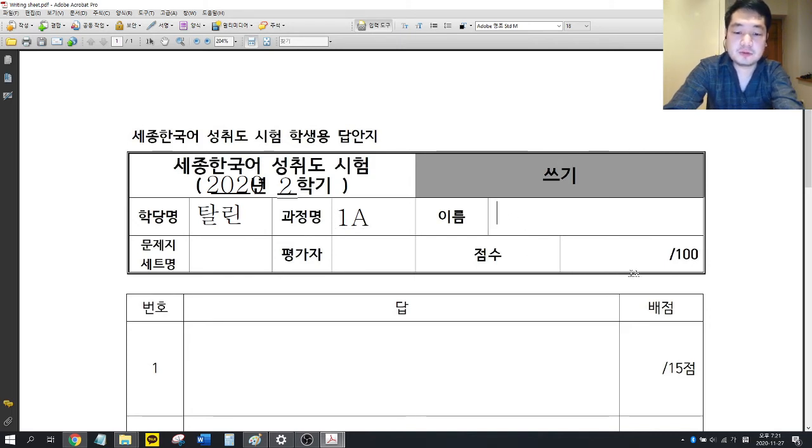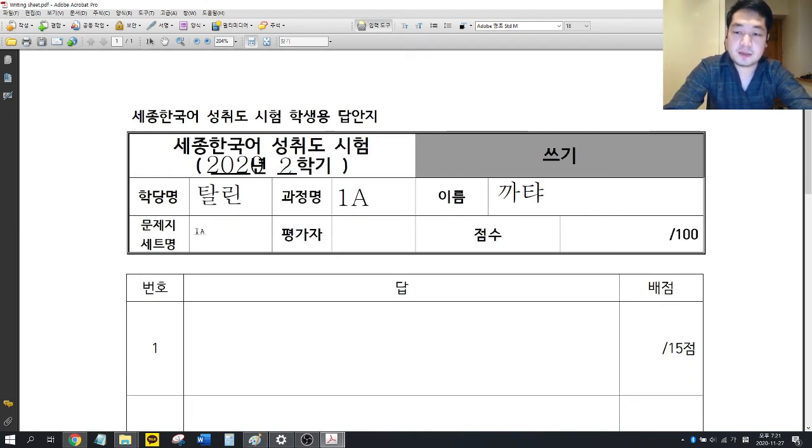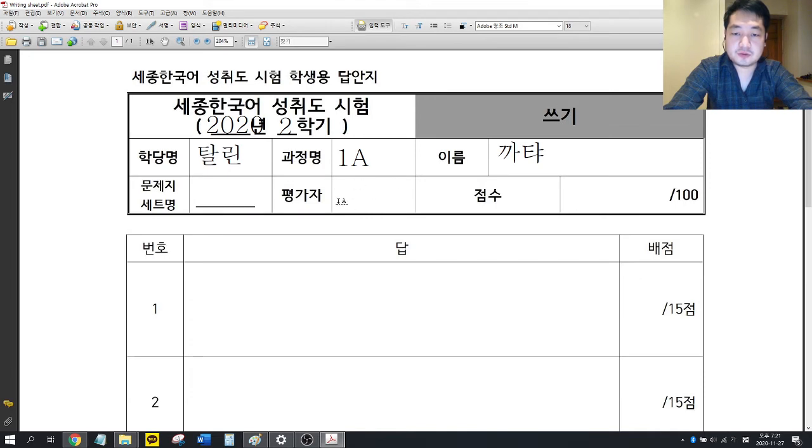And then you write your name here. Katja. Or you can write in Estonian as well. And then this part, I will tell you what to write later, and you don't need to write here.